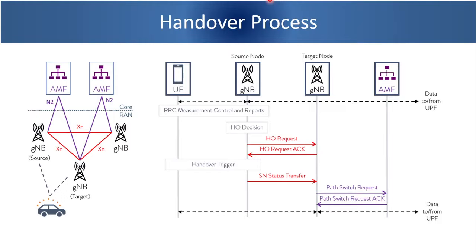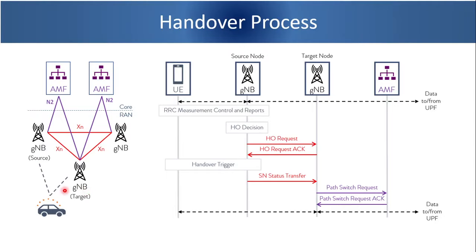So now, as I said, this plays a key role in mobility. Just a very brief scenario: suppose a device, say this car, is connected to this gNodeB, and it is moving, and then it has to hand over to the other target. So this is the source gNodeB, this is the target gNodeB.